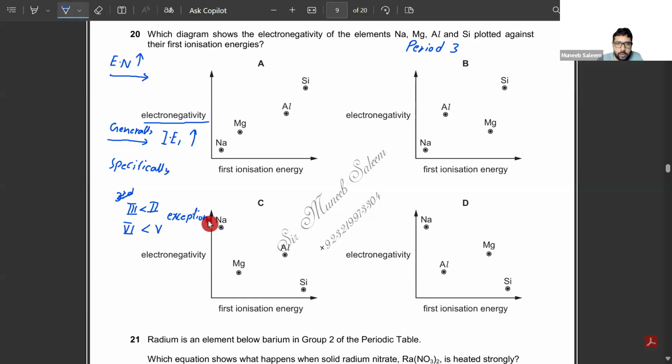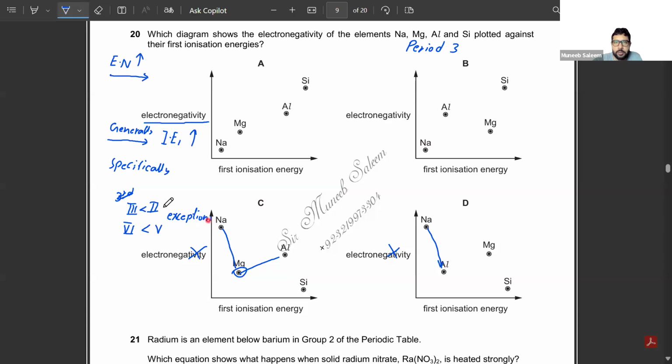We see that sodium has greater than magnesium, and then magnesium has smaller than aluminum. So magnesium is smaller than both sodium and aluminum. That's wrong, so it's an incorrect option with respect to electronegativity. And in option D, we again see the same trend that it is decreasing from sodium to aluminum. That's totally incorrect with respect to electronegativity.